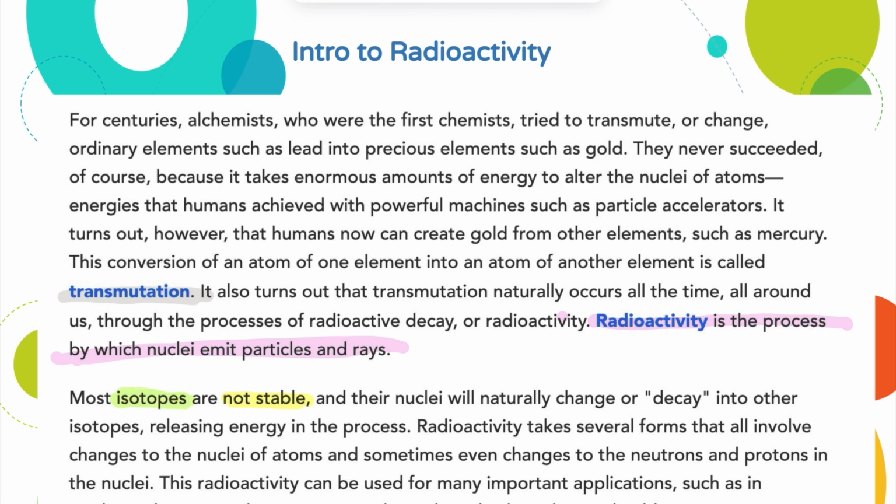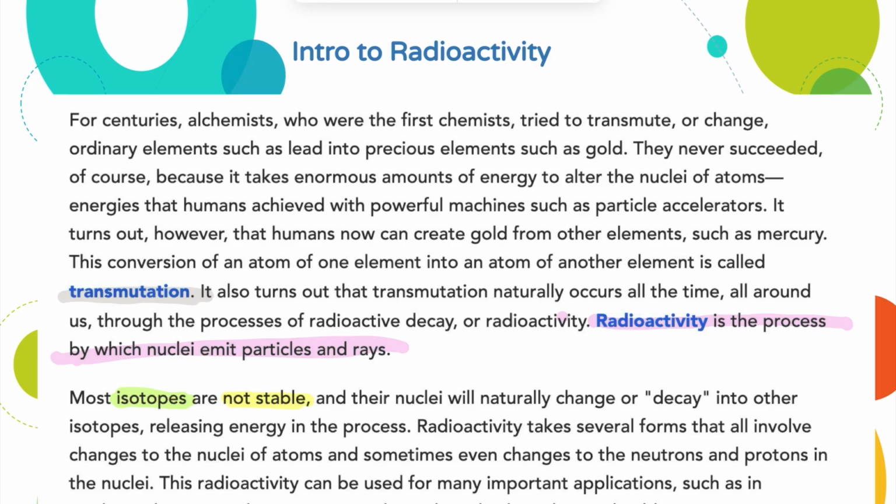Isotopes are made from different amounts of neutrons in the nucleus, and those differing amounts of neutrons can also make atoms unstable. So we're looking at what if it's things in the nucleus that are leading to instability, and how can those things change?